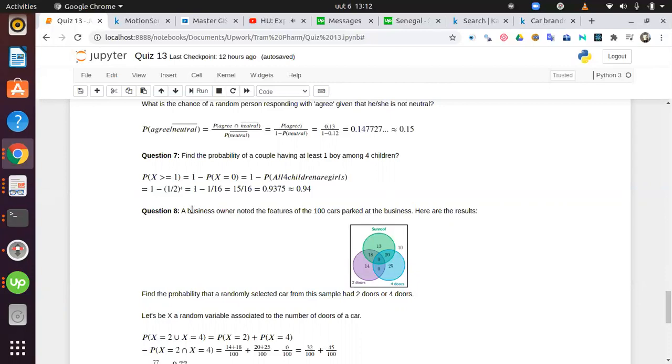I'm still a little bit confused about 1/2 to the power 4. How do you get that? Could you help me write it down? At birth, either they get a boy or they get a girl, and the probability to get a girl is 1/2.